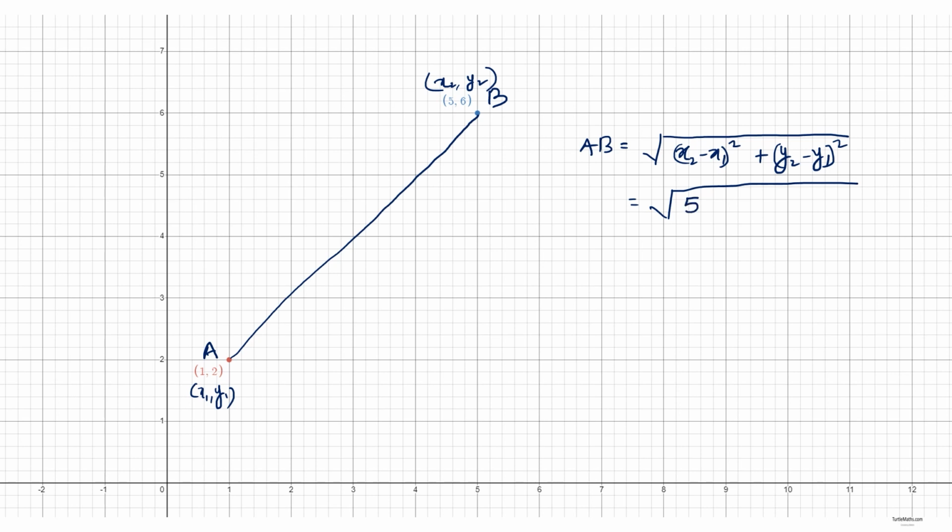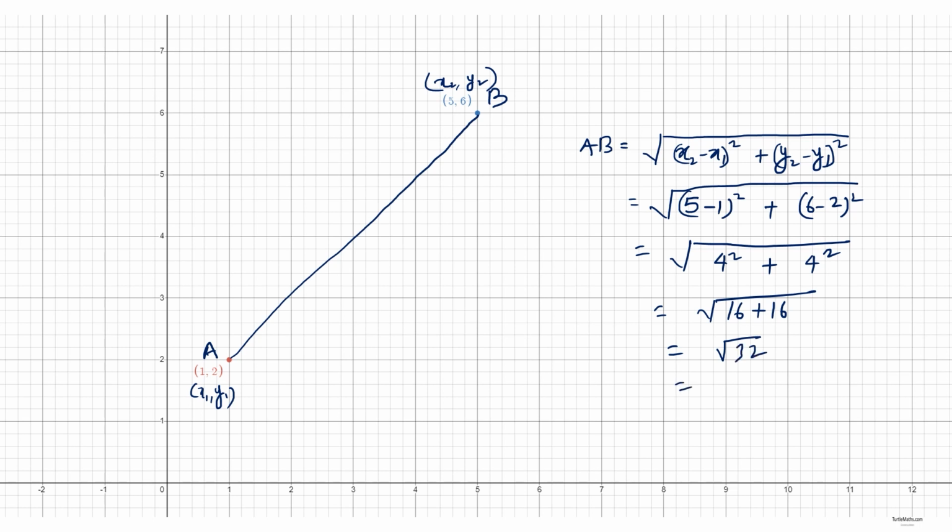So we will start with x2. We have got (5 minus 1) whole square plus (6 minus 2) whole square, and we will have 4 square plus 4 square, which is 16 plus 16, that will come out to be root 32.